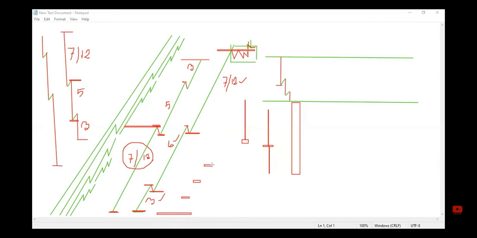Each and every time when we get one candlestick from here to here and after that the market goes in the upward direction, that time it's a normal market condition, and we can expect the next wave.